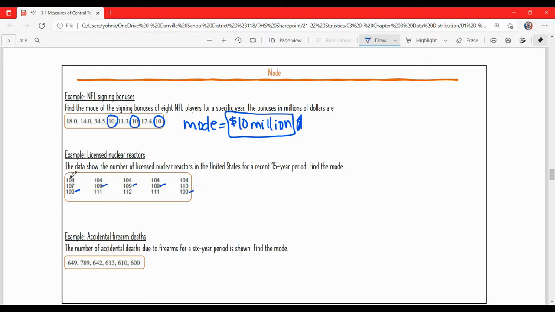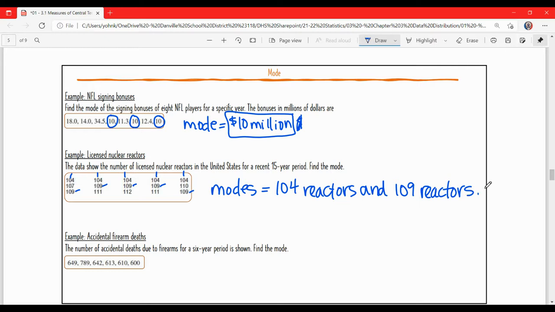Ooh, I see 1, 2, 3, 4, 5 104s. So it looks like we have two modes here. So our modes are going to be 104 reactors and 109 reactors. Now, if one of those was 5 and the other was 4, then we'd only have one mode.